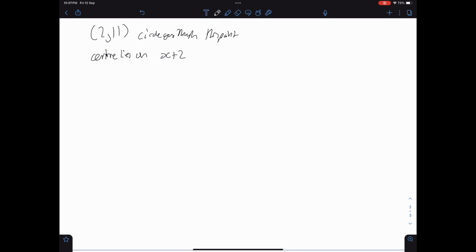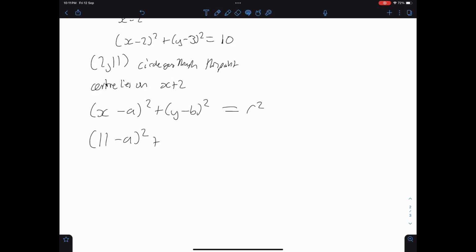How we would work this out is we think of our general equation and recognise that we have an x value of a point on a line and we have a y value. So we could rewrite this as that. And we also will need the radius.